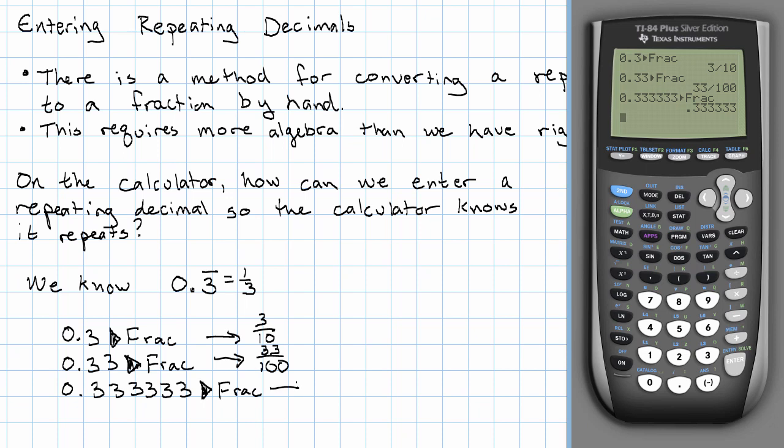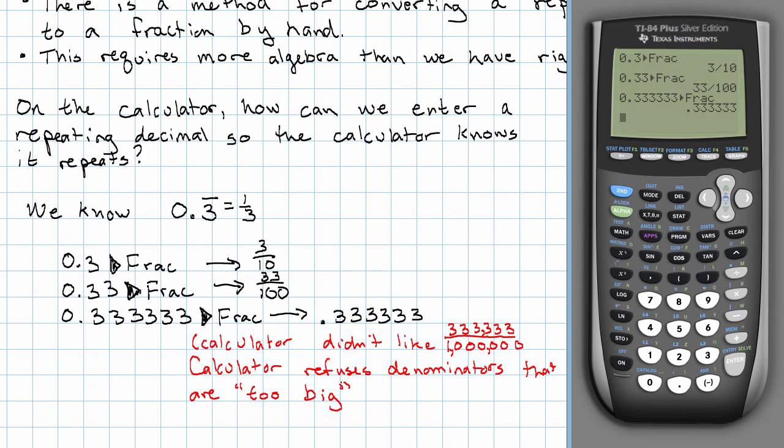Oh, when we did that, the calculator just gave us the decimal back. The calculator didn't like 6 copies of the number 3 over a 1 followed by 6 zeros, 333,333 millionths. The calculator refuses to give us denominators that are too big.